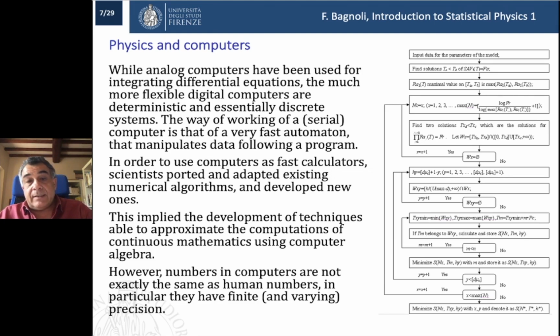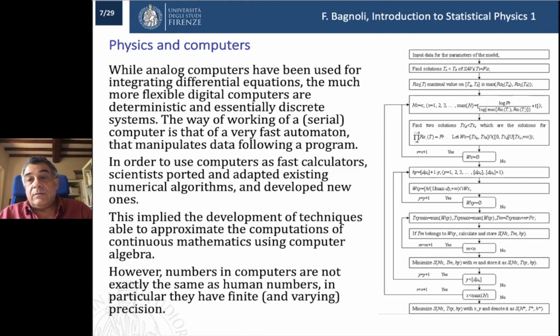And clearly, this is not an easy task, because computers have different ways, for instance, of representing numbers. They do not really work with real numbers, but only with floating point numbers.